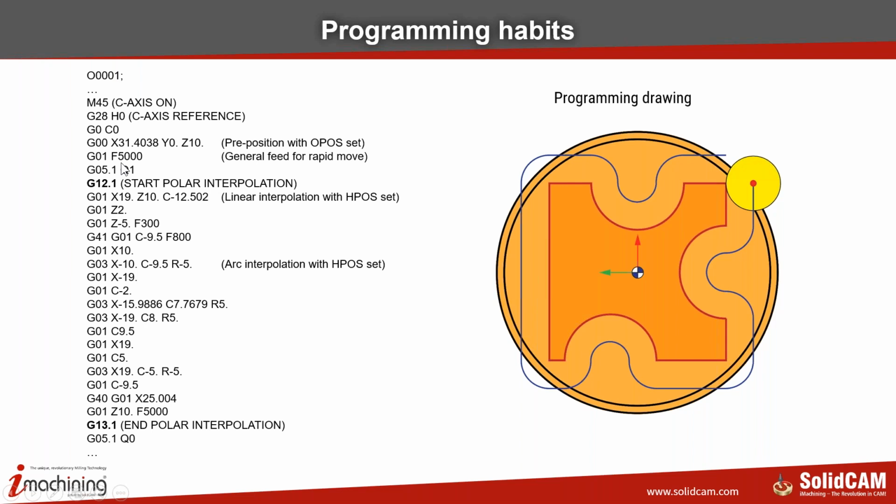As I said earlier, the rapids cannot be within the cycle, cannot be G0. So this G0 will be replaced by this feed 5000. Of course, it doesn't have to be 5000. It can be any other number, depending on the machine and what the customer likes.